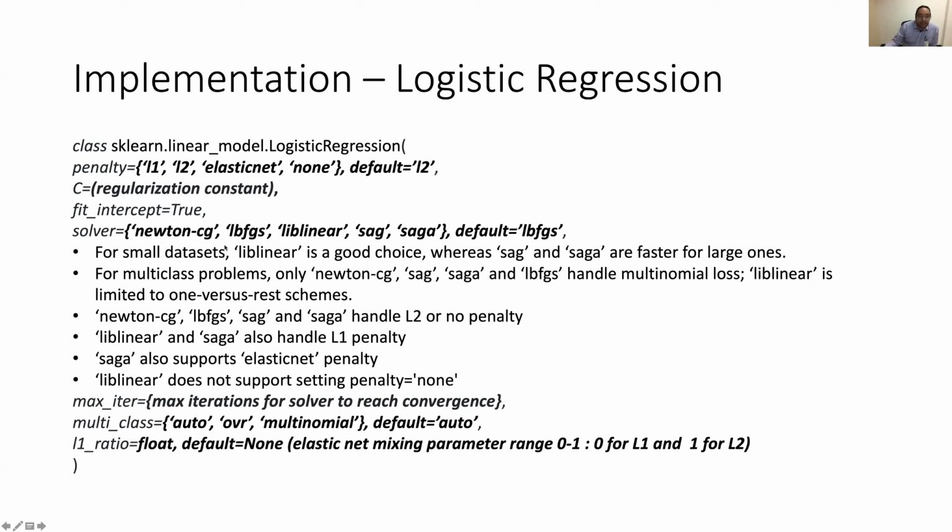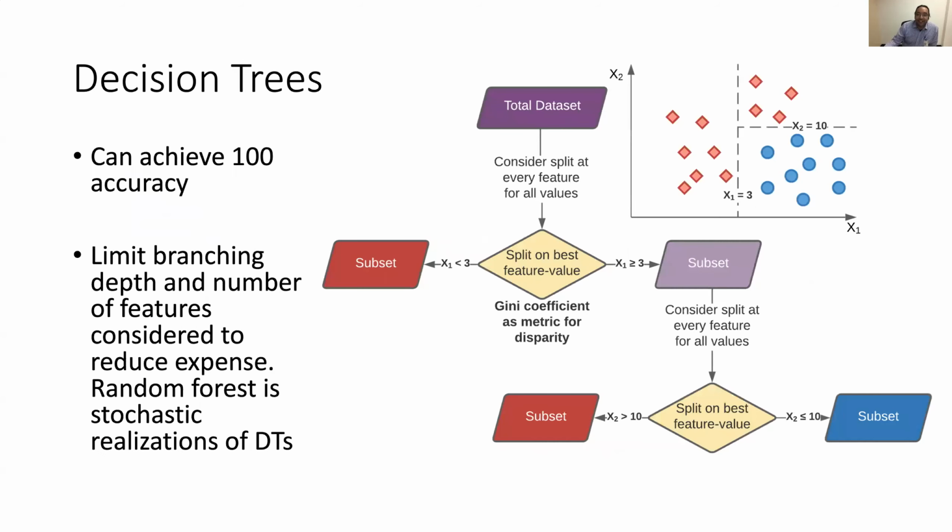Okay. So we're done with logistic regression. Let's focus now on the other half of classification, the other big one, random forest, right? Decision trees. This slide is from last time.